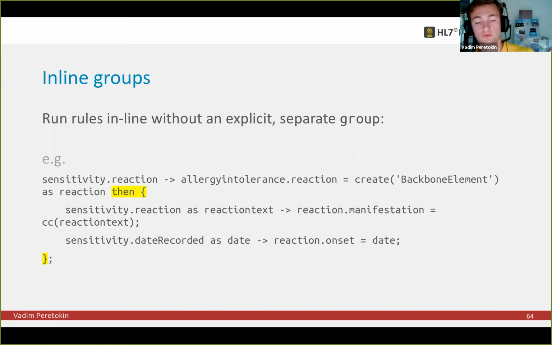And then we also convert the date recorded to the reaction onset. This is how we can populate the contents of allergyTolerance.reaction.manifestation and allergyTolerance.reaction.onset using this little embedded nested group.